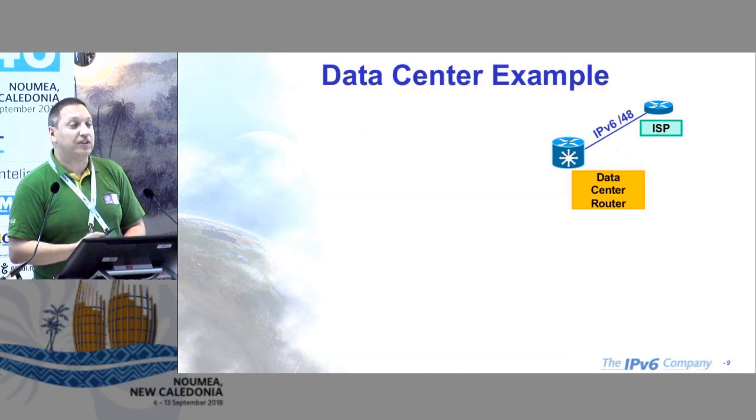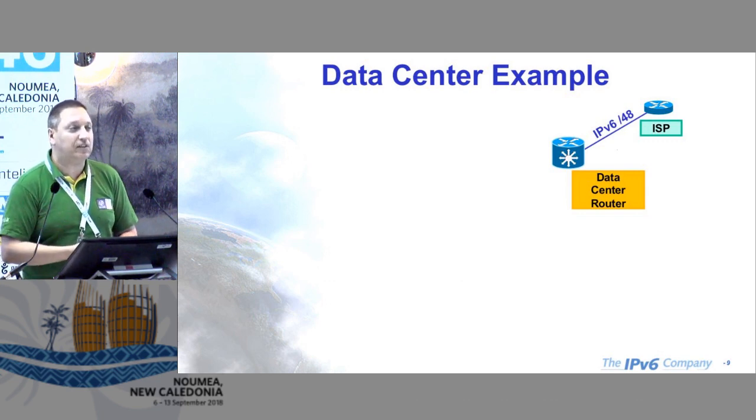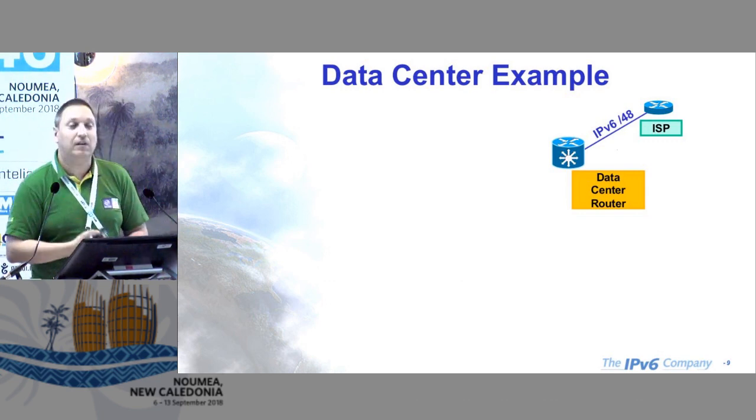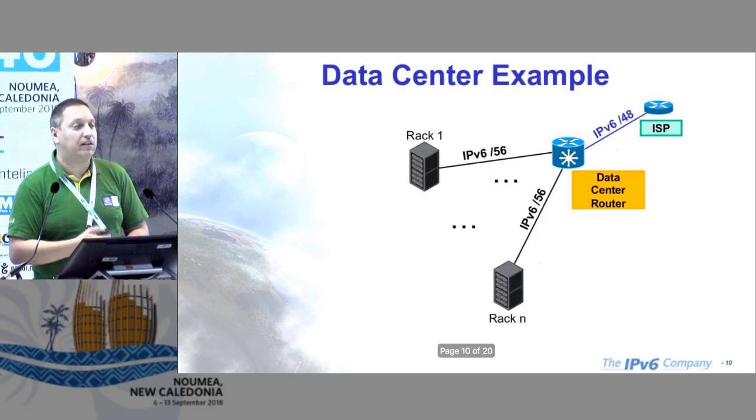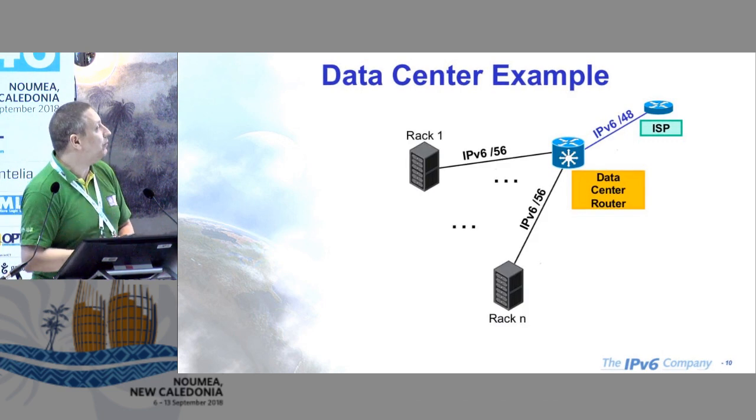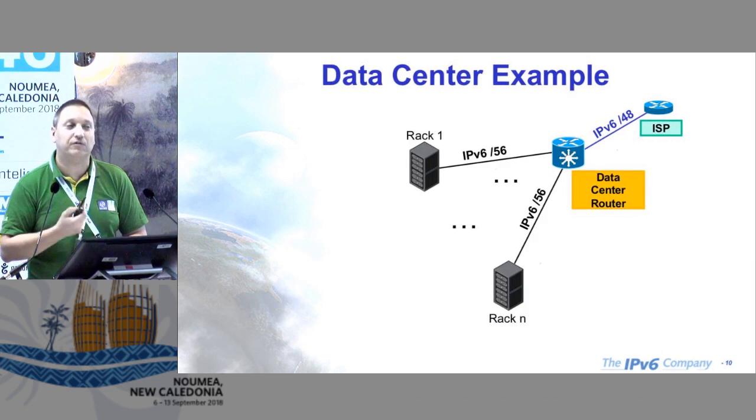We have another scenario, which is a data center. Let's suppose a similar case. We have a data center which is getting from an ISP a /48, and then decides to allocate to every rack one /56.